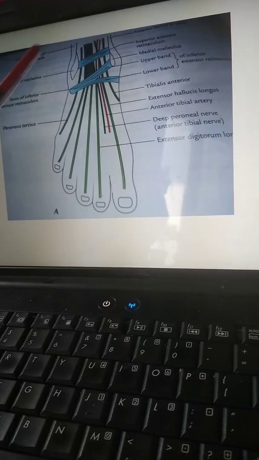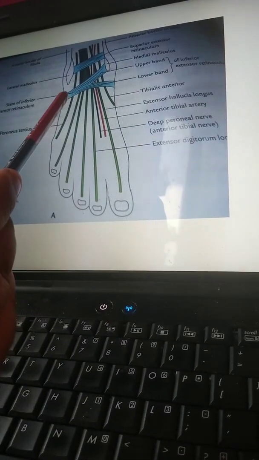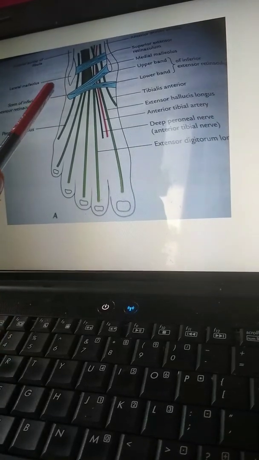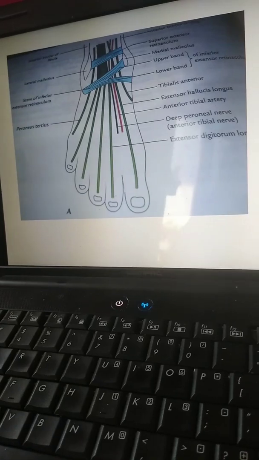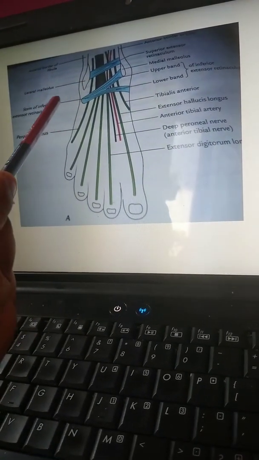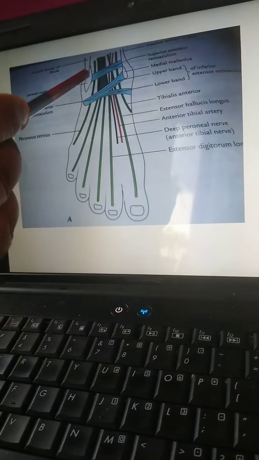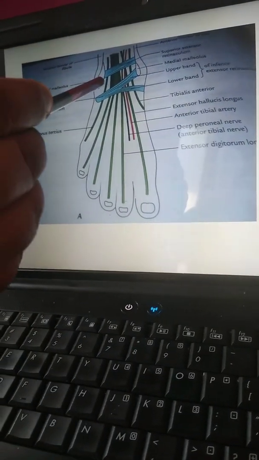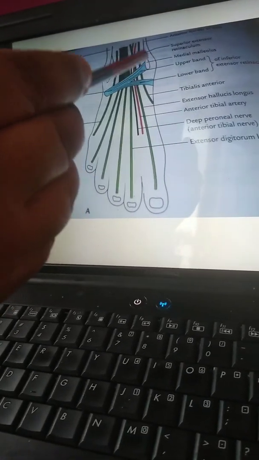The retinacula are superior and inferior extensor retinacula. The superior extensor retinaculum is a broad band of deep fascia just above the ankle joint. Vertically, it is about 1.5 inches wide.